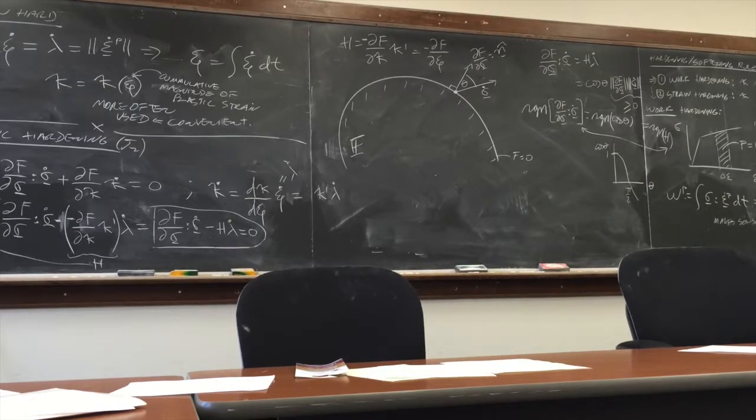Recall that in perfect plasticity, we had a restriction, right? Sigma dot had to be what? What was the only case we were allowing in perfect J2 plasticity? It was so long ago, we don't recall it.